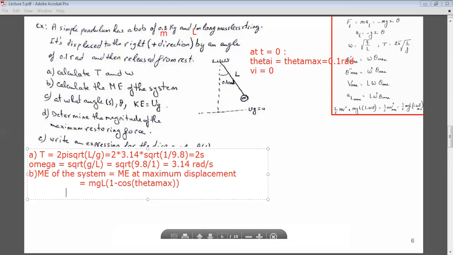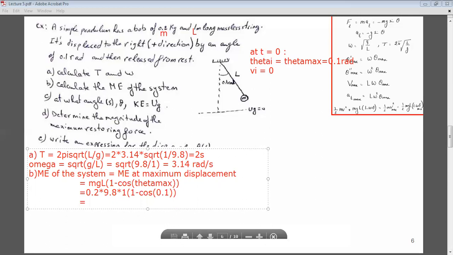So this is equal to m, which is 0.2, times g, which is 9.8 or 10, it's okay, so 9.8, times L, which is 1, into 1 minus cosine of the angle, which is 0.1 radian. So make sure your calculators are in radian.